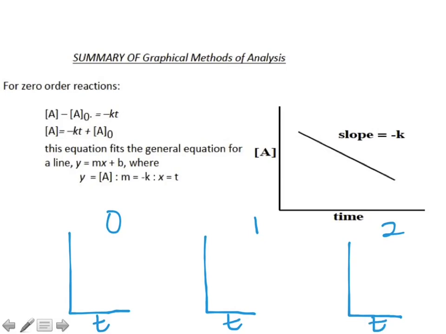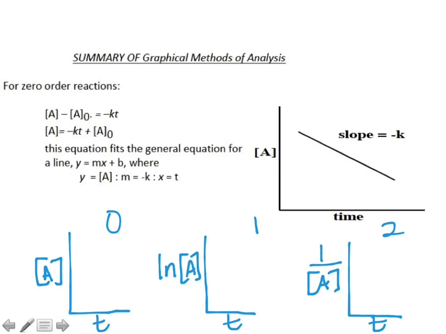On the 0 order, what is the y? Concentration. And on the 1st order, what is it? Natural log, ln of A. And on the 2nd order, it is 1 over A, or the reciprocal.